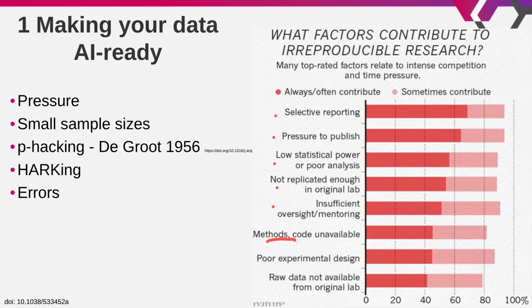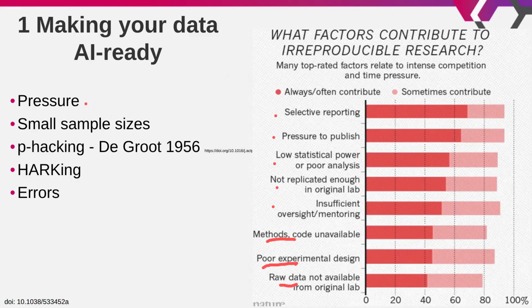The methods are not encoded and available, there is poor experimental design, or the raw data is not available. These all mean that we can't reproduce our research. And if we're trying to use advanced methods on complex data sets, if we can't reproduce it, then it may not have any value at all.